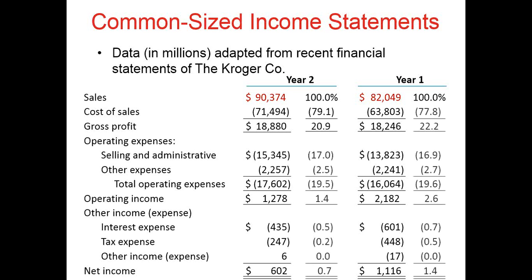So we can see how that causes us to have less in gross profit as far as a percentage, and we can start doing some analytical work. And you can see the relationships between the various line items and the totals.